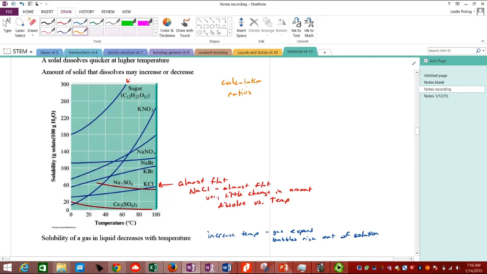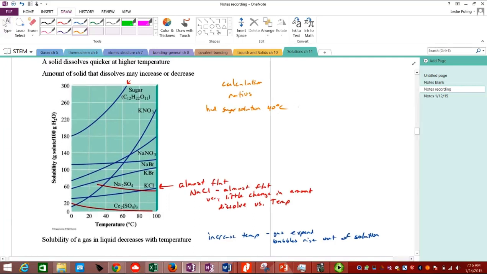Kind of hard to be looking at with this, but let's say we had a sugar solution at 40 degrees Celsius, and that we were in 200 grams of water.